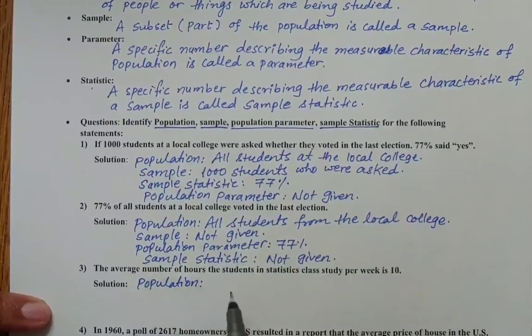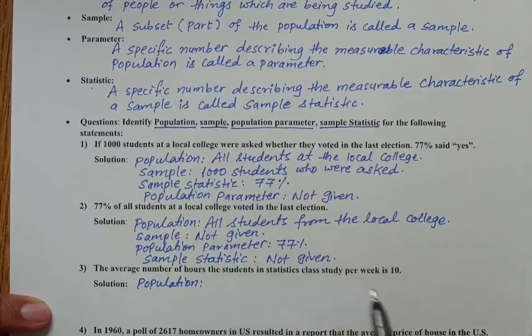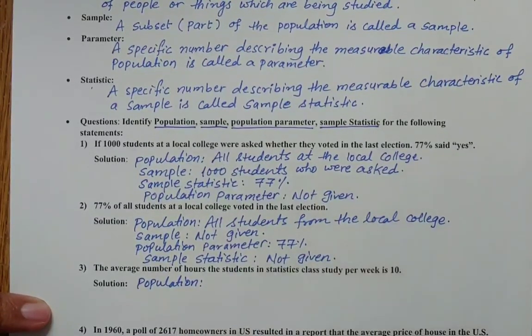So what is the population? Population is all students from that statistics class, not all students from the college, because we don't need all students from the college. We need students from the statistics class because that is the subject of study.